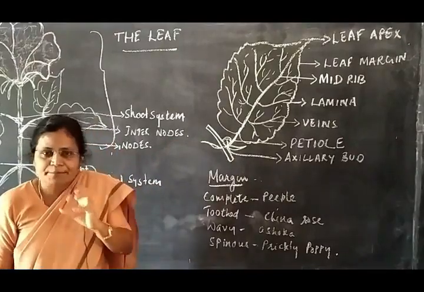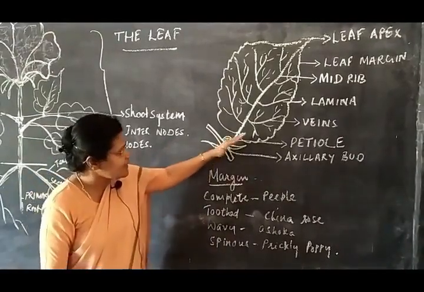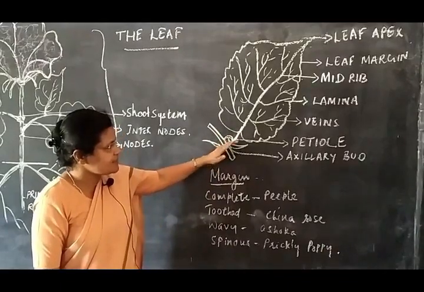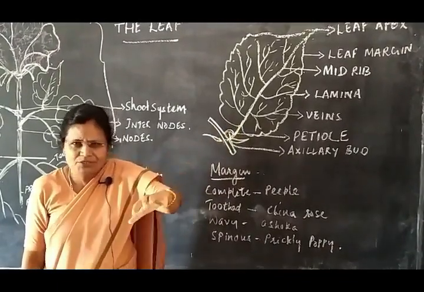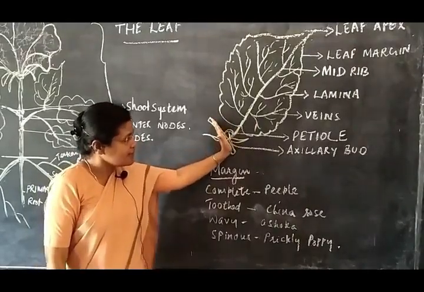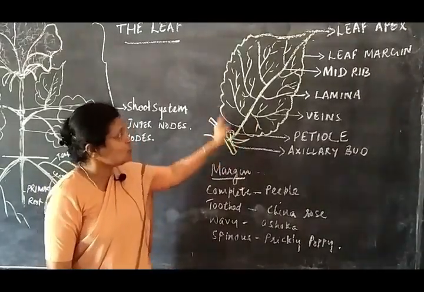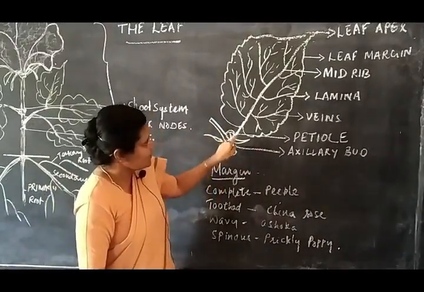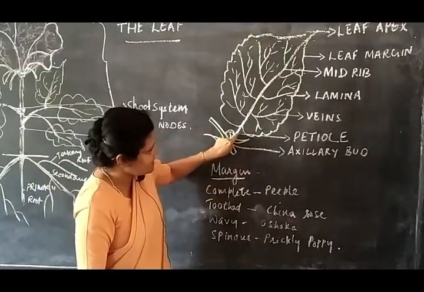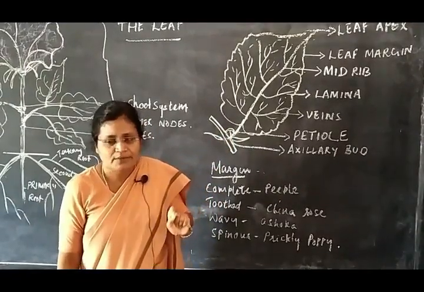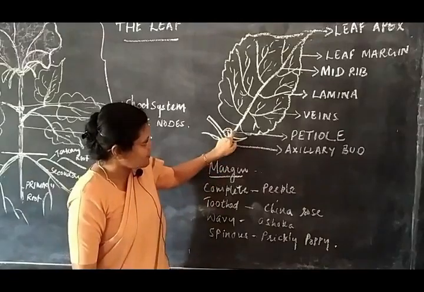The axillary buds are present between the leaf and the stem, from which the new branches come out. Then besides that, this region is called the petiole. The stalk of a leaf is called a petiole.